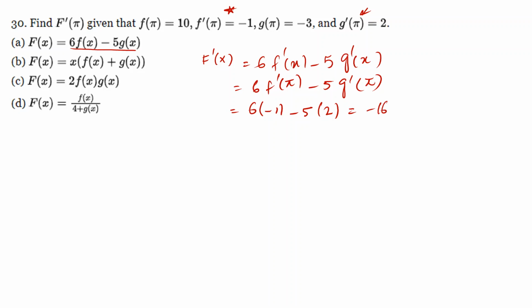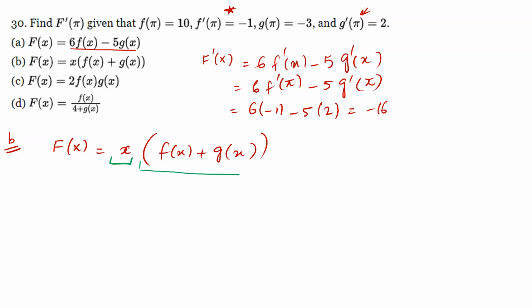Next question, see the B part. B part is f of x equals x times the quantity f of x plus g of x. Now understand what is here. Here this is a function and this whole bracket is also a part of a function. So you can see that the two functions are multiplying with each other.